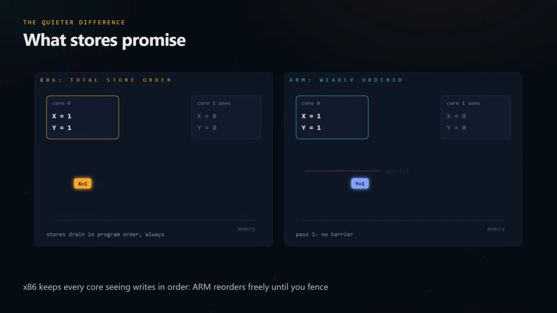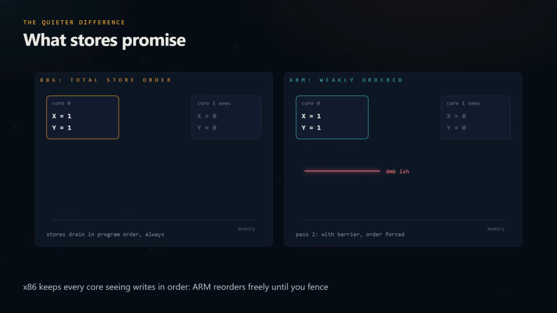There is a second, quieter difference. What stores promise. x86 guarantees store order. Every core sees one core's writes in the order the program issued them, and the hardware must maintain that illusion, draining store buffers in order. ARM is weakly ordered. The core may let stores and loads pass each other whenever that helps, and when your algorithm cares, you say so explicitly with a barrier instruction like DMB.